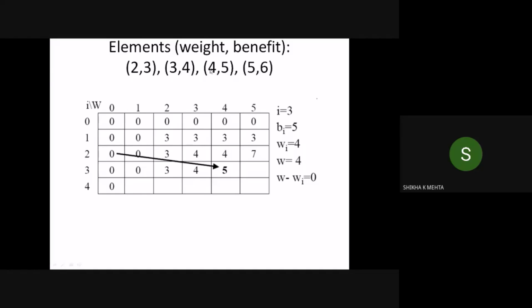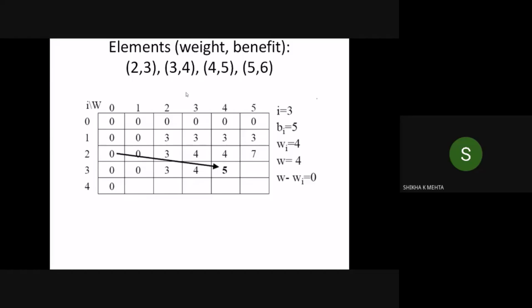Now we have all the items before that. So we have 3 items: the first item, second item, third item. Out of these, the total capacity of the knapsack is 5. So either we can have the first 2 items, 3 plus 2 is 5, or we can have only one of these items. So we will see which one is giving us the maximum benefit.